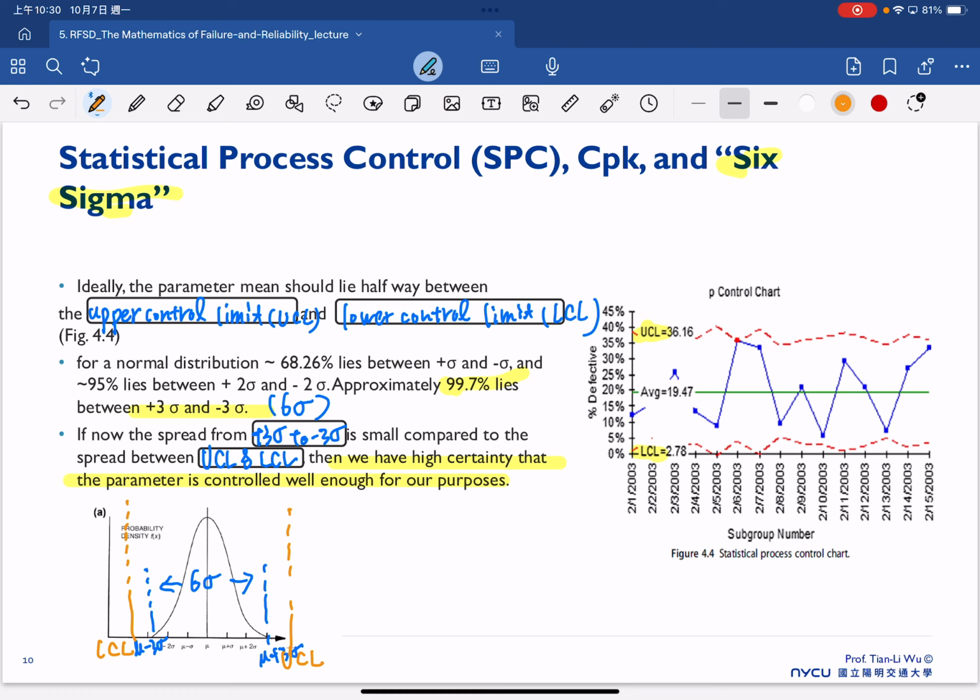So that means we have very well parameter control.